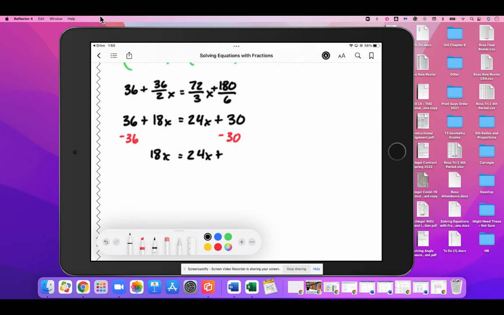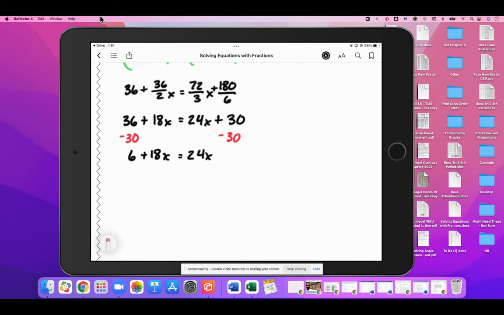Okay, Schlegel's getting goofy and making mistakes. That should say 30. So I should have 36 minus 30 leaves 6. There we go. And 30 minus 30 leaves nothing.